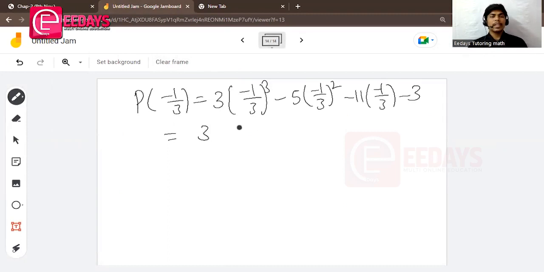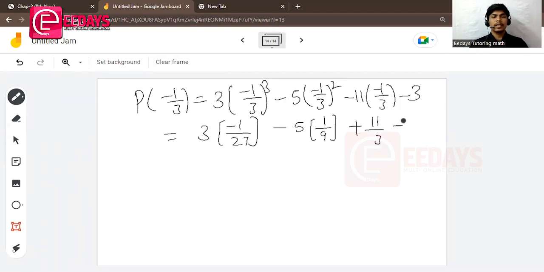3 into minus 1 by 3 whole cube is nothing but minus 3 by 27, since 3 cube is 27. And 5 into 1 by 3 square is nothing but 5 by 9. Minus into minus plus 11 by 3, minus 3 by 1. Okay, you need to do the cancellation.